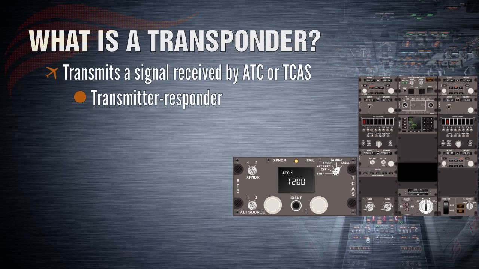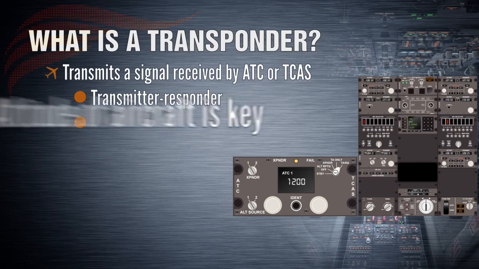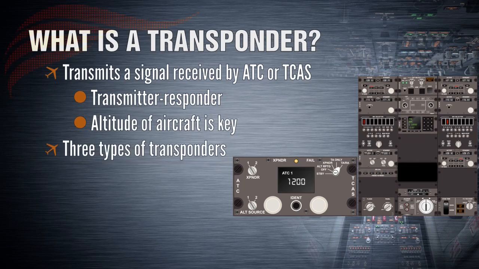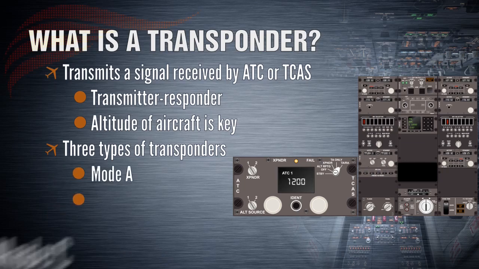The term transponder is short for transmitter responder, which describes its basic functionality well. Key to the content of the signal sent out by a transponder is the altitude of the aircraft. There are three main types of transponders in operation in civil aviation: Mode A, Mode C, and Mode S transponders.